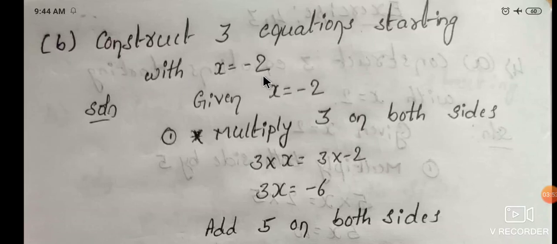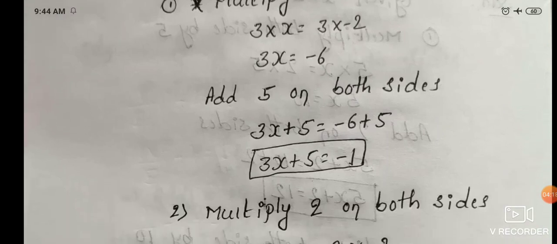They gave the condition x is equal to minus 2. So first we should multiply 3 on both sides. Then 3 into x is equal to 3 into minus 2. 3 into x, 3x is equal to 3 twos are 6, that is minus 6. Next step is add 5 on both sides.